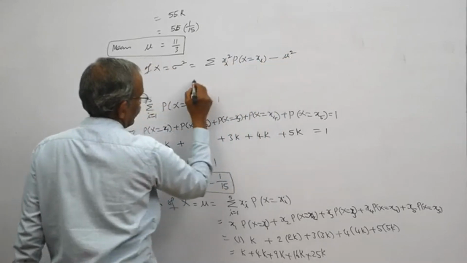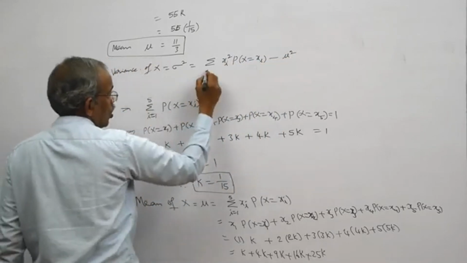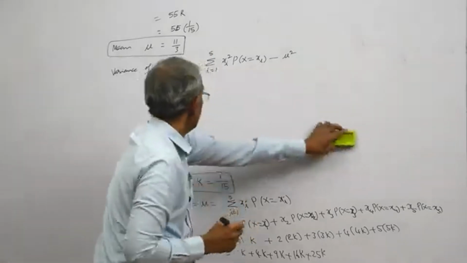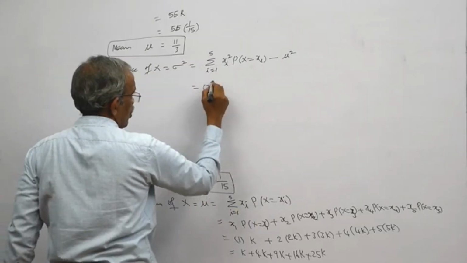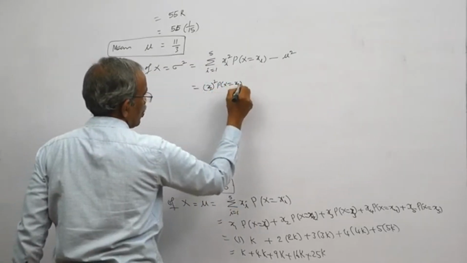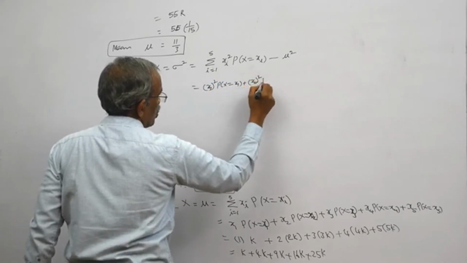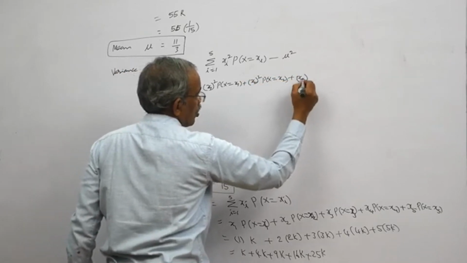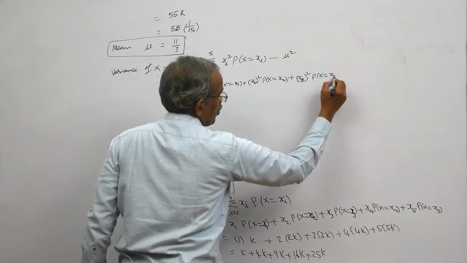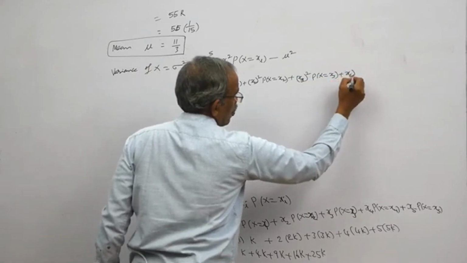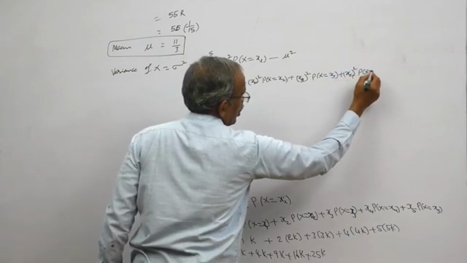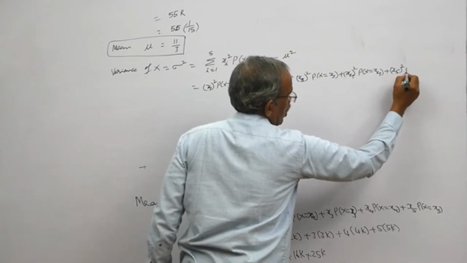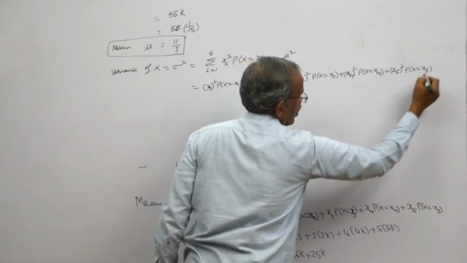Here we have 5 values, so i takes the values from 1 to 5, that is equal to x1 square into probability of x is equal to x1 plus x2 square into probability of x equal to x2 plus x3 square into probability of x equal to x3 plus x4 square into probability of x is equal to x4 plus x5 square into probability of x is equal to x5.